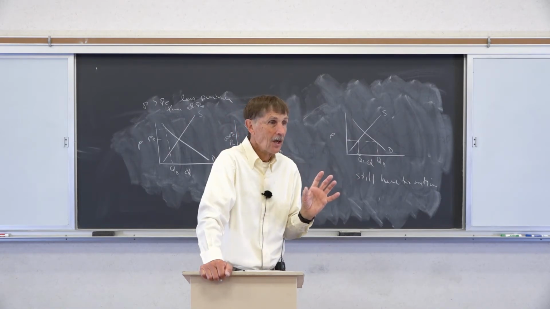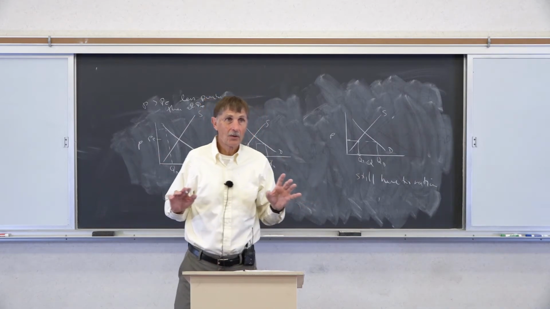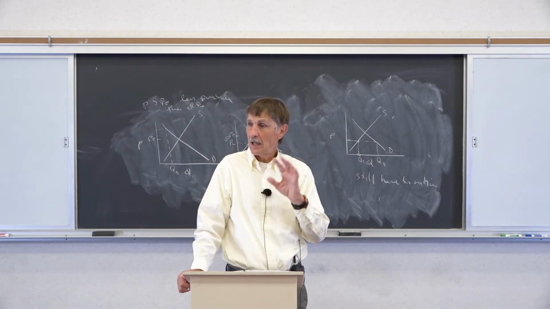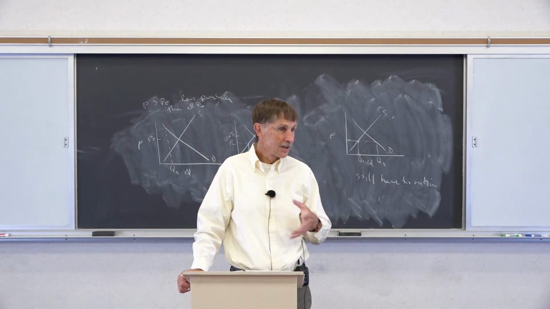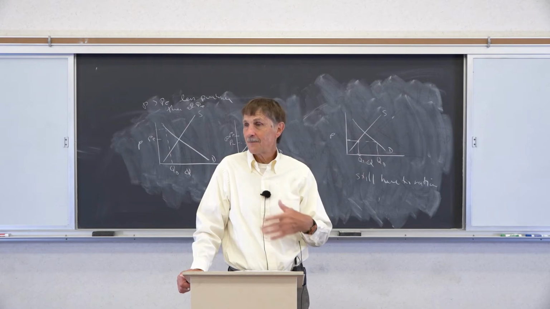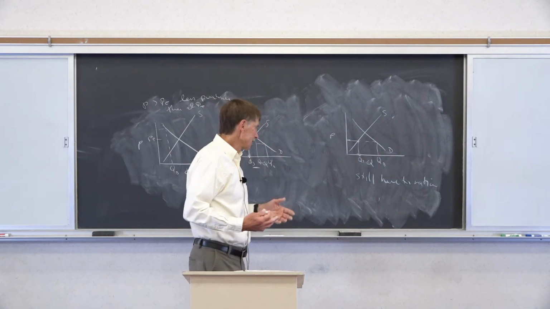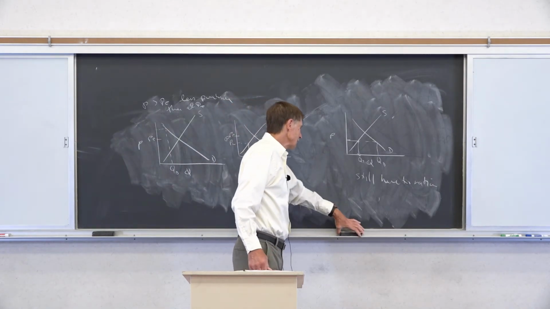Okay? So again, there's at least 10 fall exams and at least 10 spring exams, so there's at least 20 of these questions to look through. But let's just take a look at some examples.